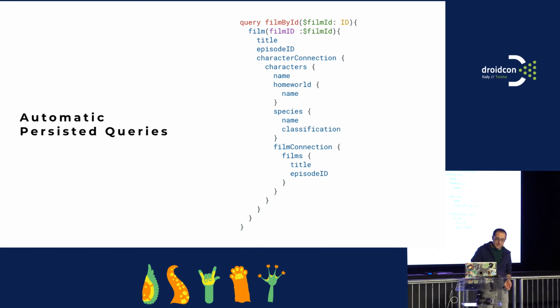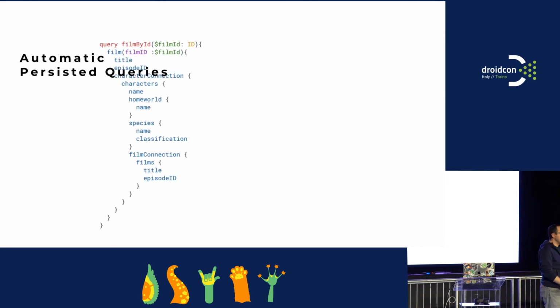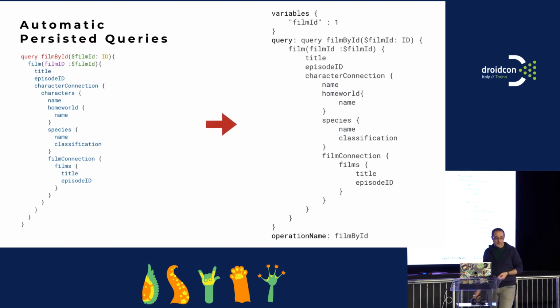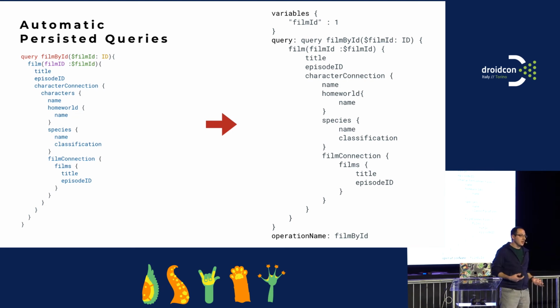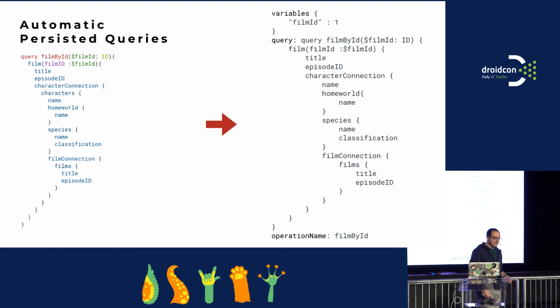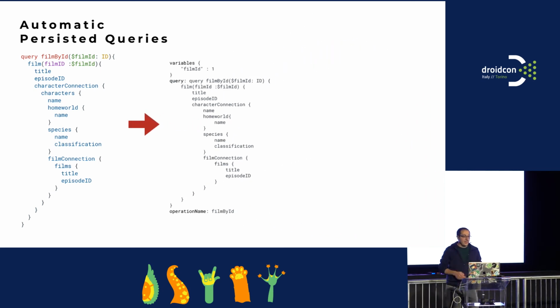So when you have this query, it gets shipped with the request as part of the content. Of course, we mentioned variables, and this is how we ship them. So it's another node of the request. But actually, not everything about this request is really important.